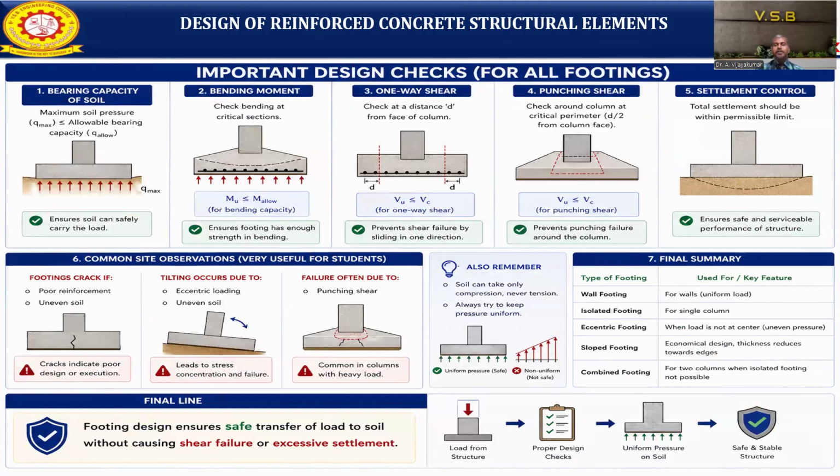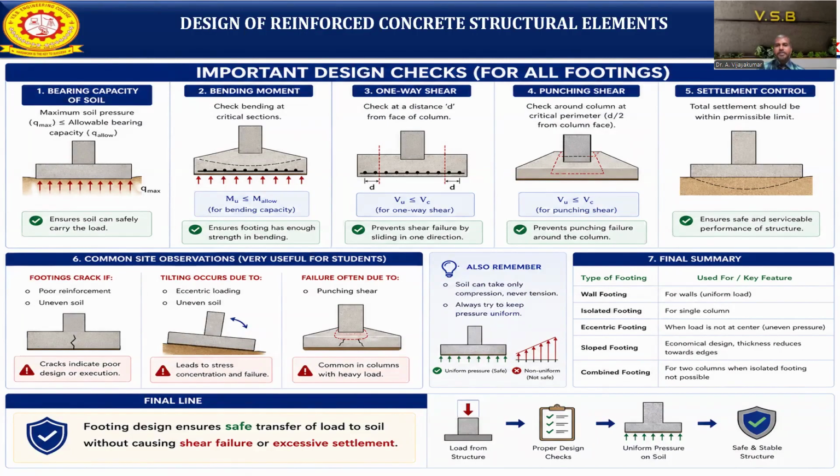So, important checks for all types of footing: isolated footing, paired footing, sloped footing, and combined footing. The first one is the safe bearing capacity of soil. In a pad footing, the maximum soil pressure should be less than or equal to the allowable bearing capacity, to ensure the soil can safely carry the load.